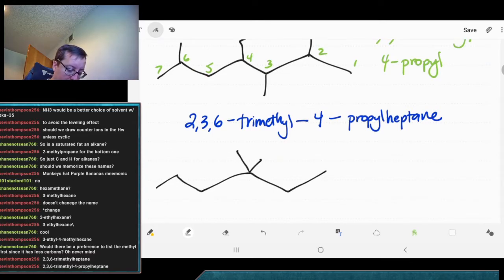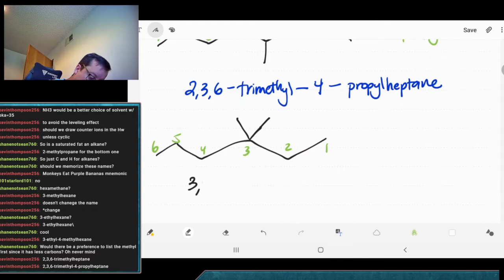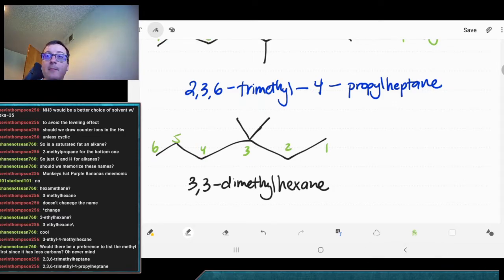If we have something like this, we'll see that our substituents are closer to the left side. We would call this 3,3-dimethylhexane. If you have two substituents on the same carbon, you'll use the number twice in your name.